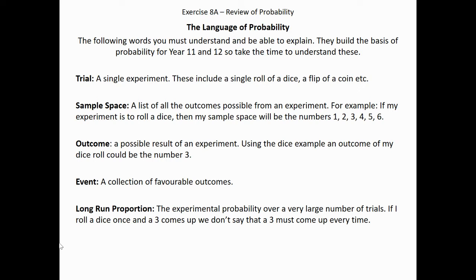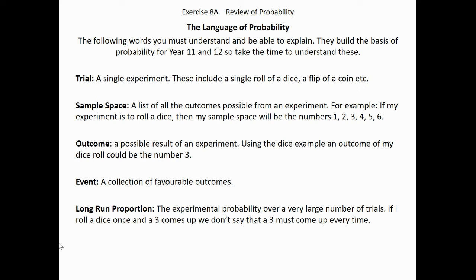Another thing to talk about is long run proportion. So this really links into experimental probability. So this is when you actually do an experiment and you record how many times you get that outcome over a large number of trials. So, maybe you're tossing a coin, you toss a coin 1,000 times.